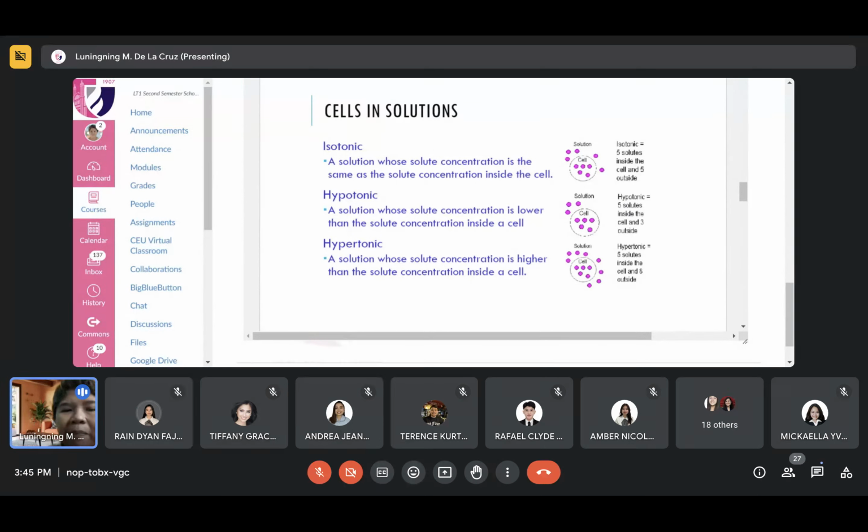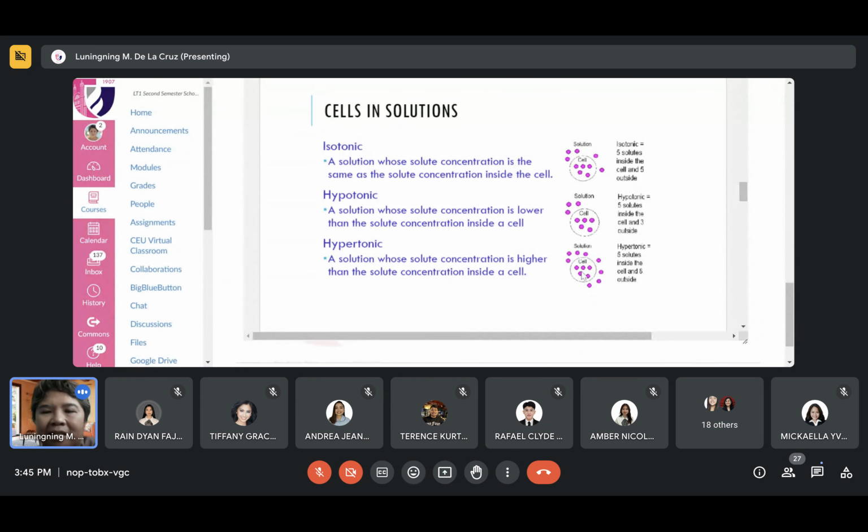Then when we talk of hypertonic solution, it means a solution which has a higher concentration than inside the cell. From here, you can easily see there are so many purple dots. Those are the solute as compared with that of inside the cell. This also means that there is less water outside compared to that of inside the cell.